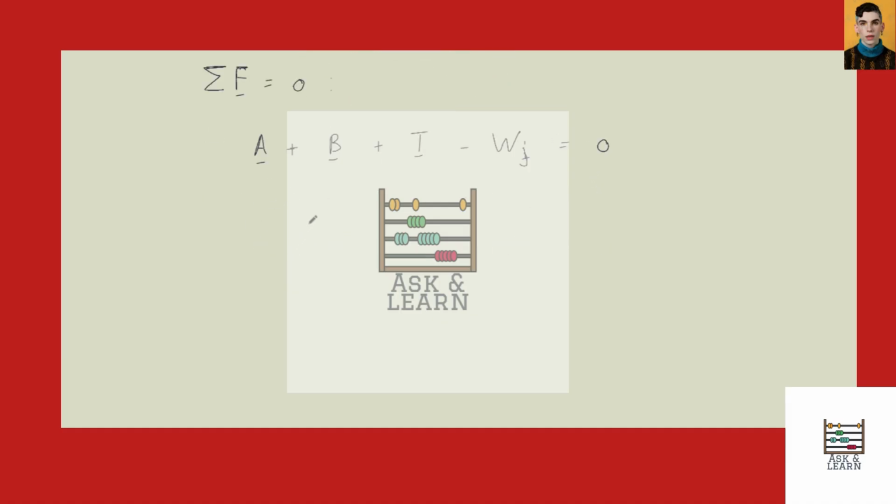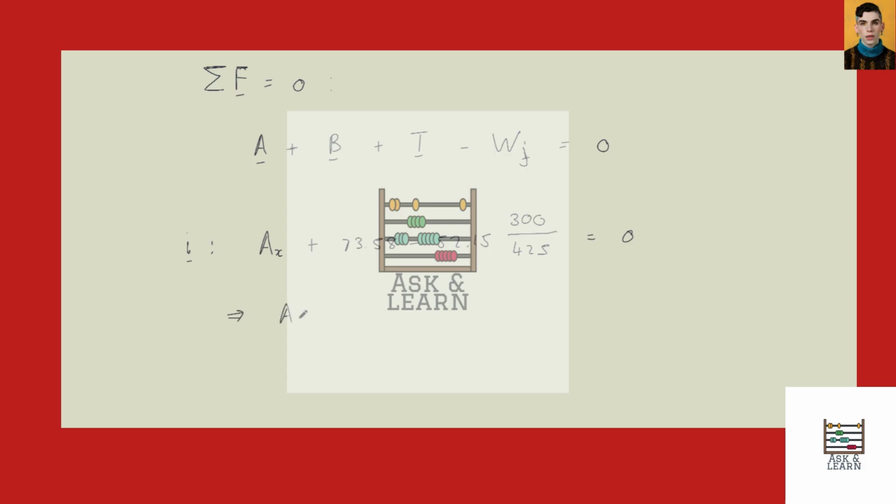So taking I components of this equation, we get AX, the X component of reaction force A, plus 73.58 minus 52.15, multiplied by 300 over 425, is equal to 0. Remember, the weight has no horizontal components.